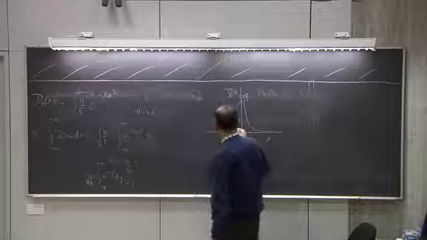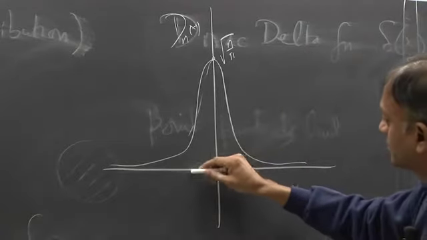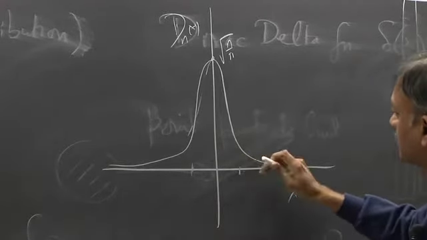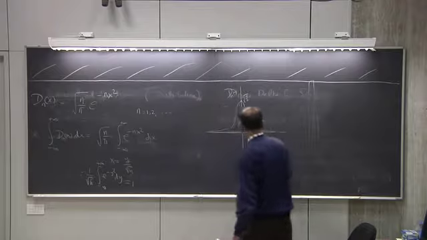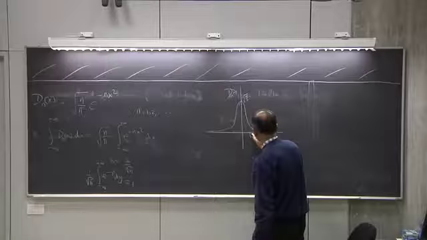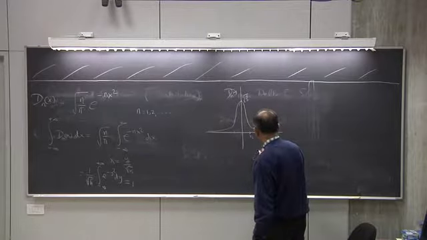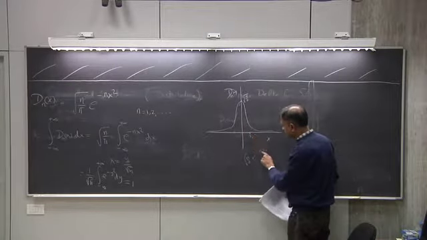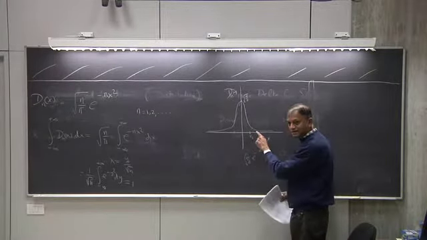For example, take some particular point here, call it x naught. The value is simply root n by pi e to the minus n x naught square. Now I keep x naught fixed and start increasing n.